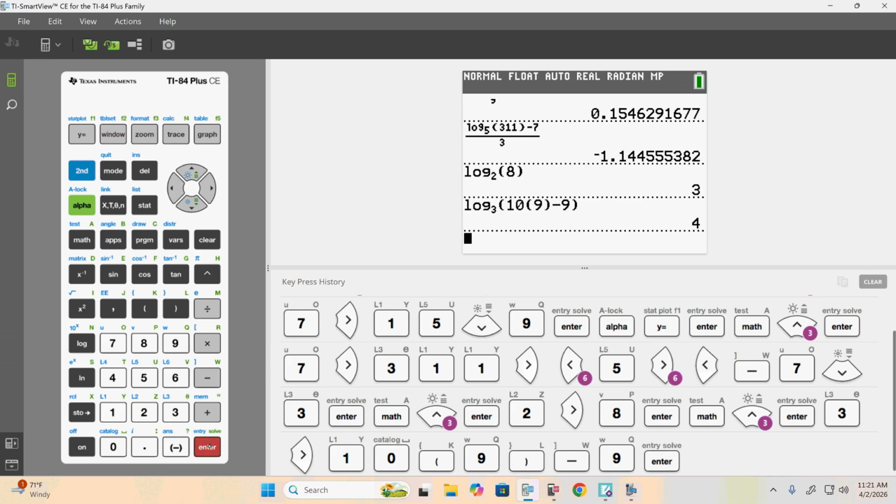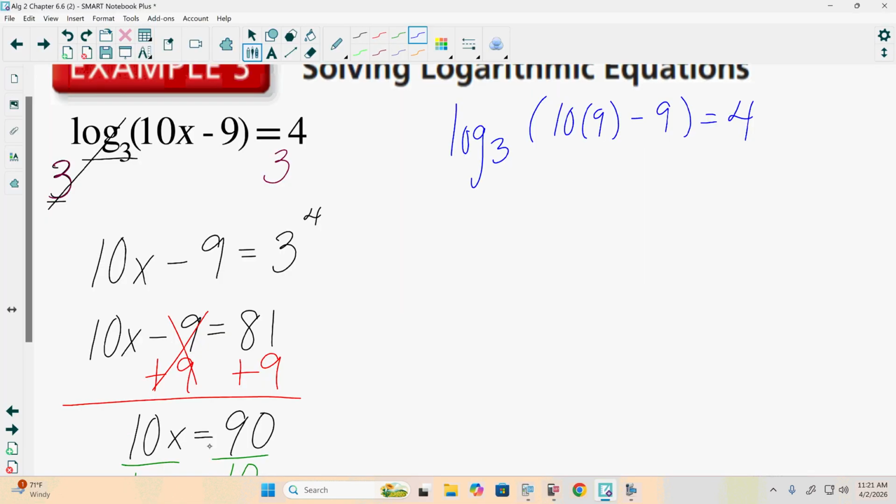It does indeed equal 4. So that works, that is a correct solution. Questions on this here? I think we've got one left, don't we?